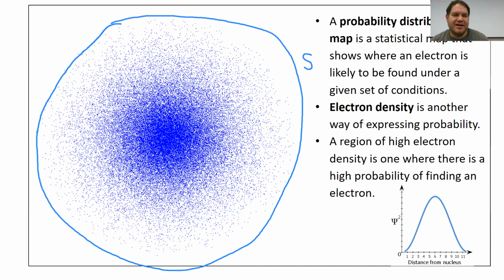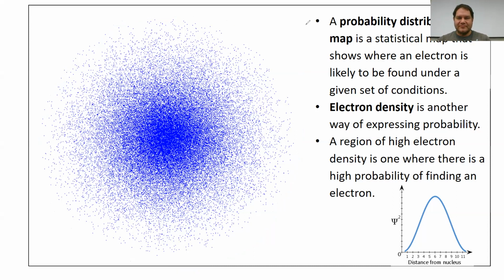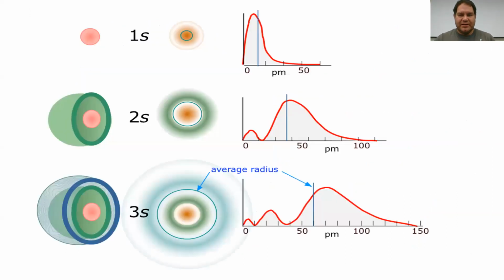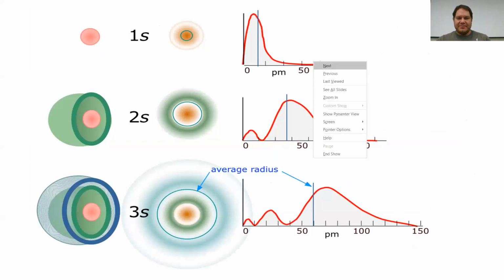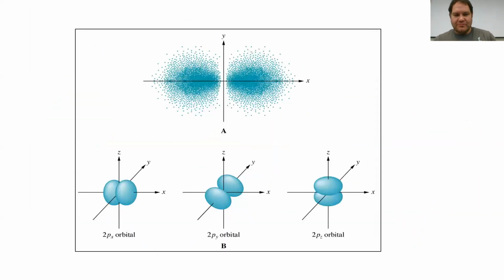But s orbitals are not the only solutions to Schrodinger's equation or the wave function. There are other orbitals that exist out there. What we have now is a very weird, funky orbital. These are known as p orbitals.